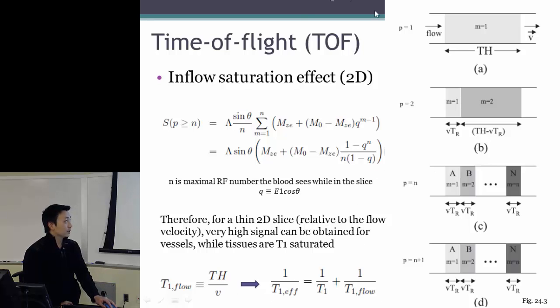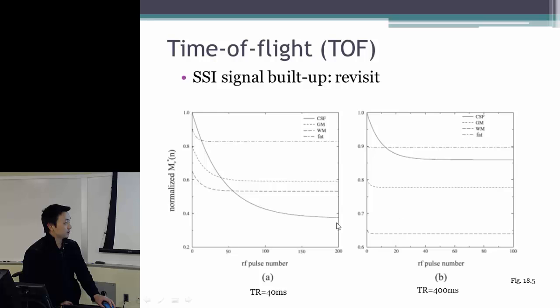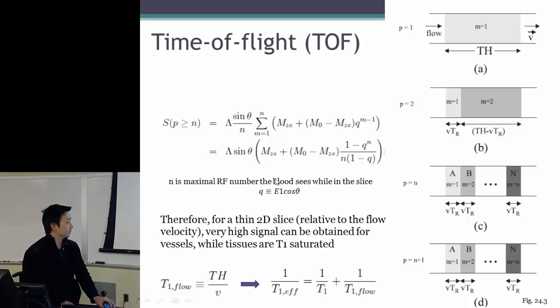So using this inflow effect, we obtain a very high signal in the blood while having a very low signal in the tissues. The tissue signal may be at this level, as it has experienced a lot of RF pulses, but for the blood inside the slice, the signal intensity is located in this range. So we obtained a very high signal here.